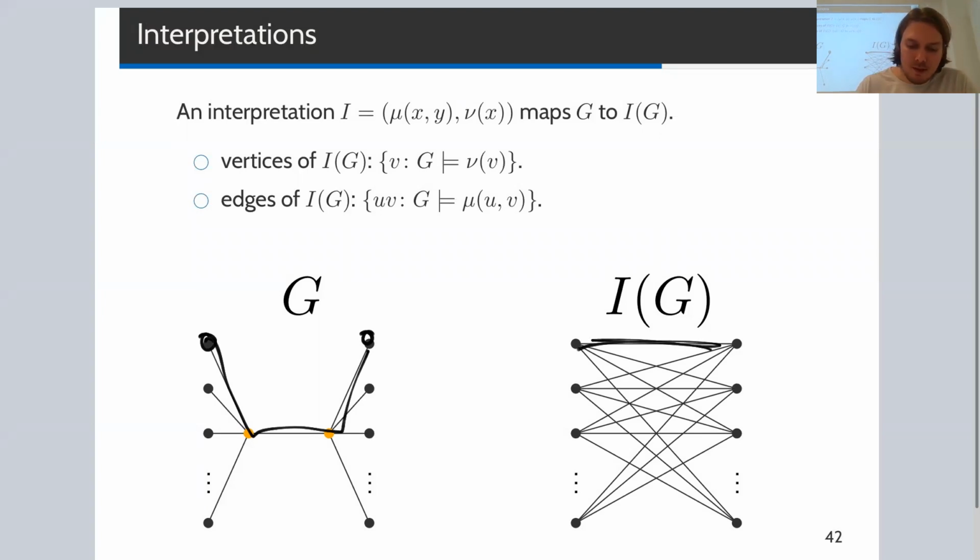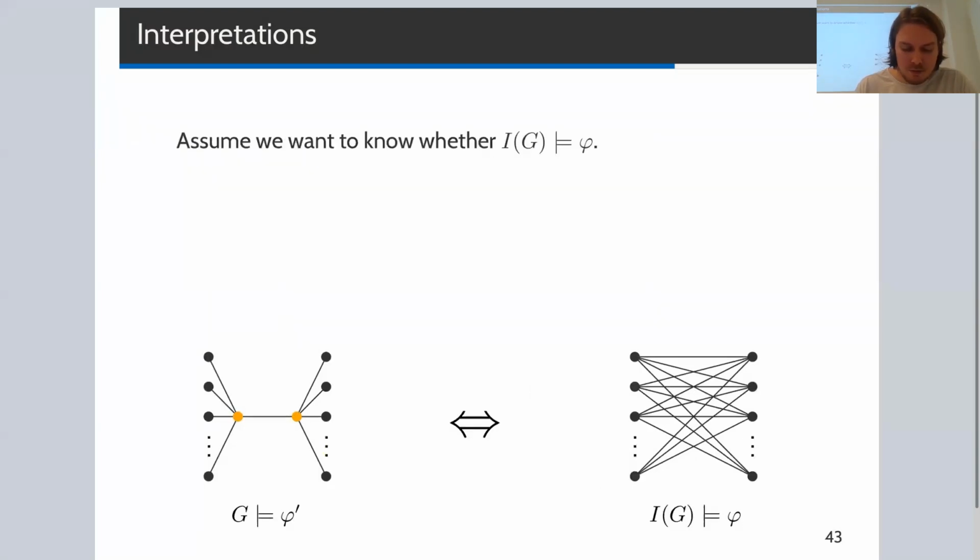And we're going to use it to do model checking. So assume you want to know whether phi holds on the output of some interpretation, like on this graph. Then you know that there's an edge between two vertices if and only if they satisfy mu of x, y.